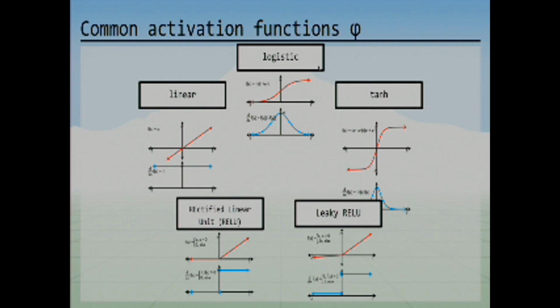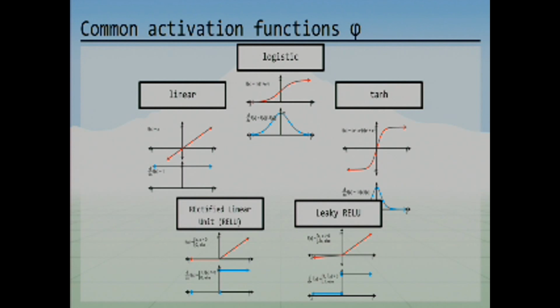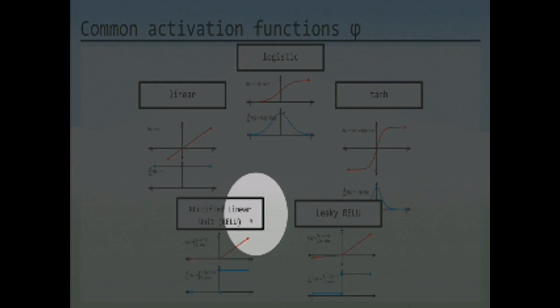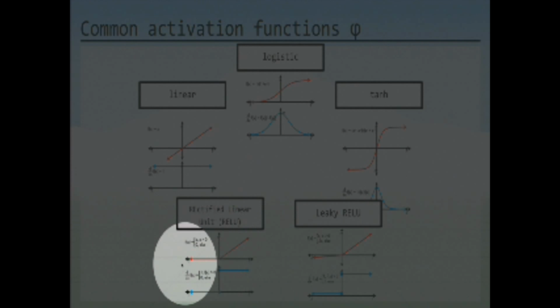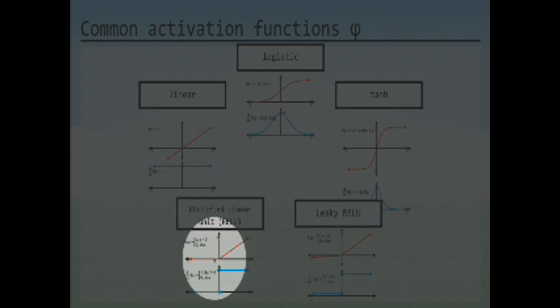And so people are starting to use less saturating activation functions. So we have a couple examples here of rectified linear units, where it's going to be linear when the domain is positive, and we're just going to set the activation to be 0 if the domain is negative. This has the same sort of saturation problem, just on half of the domain, where if the input x is negative, then our gradient is going to be 0.